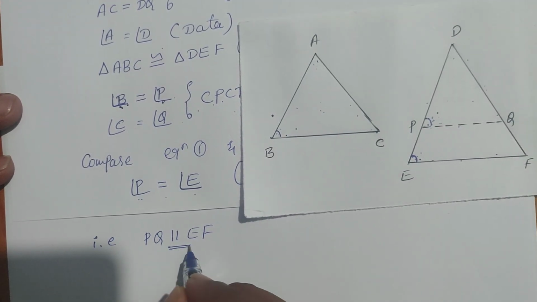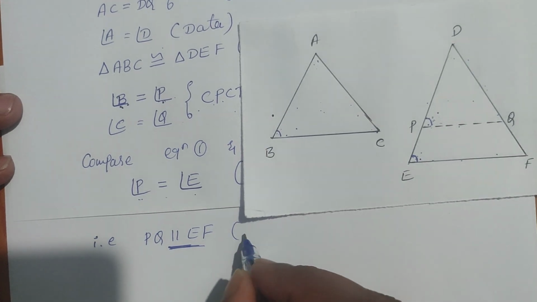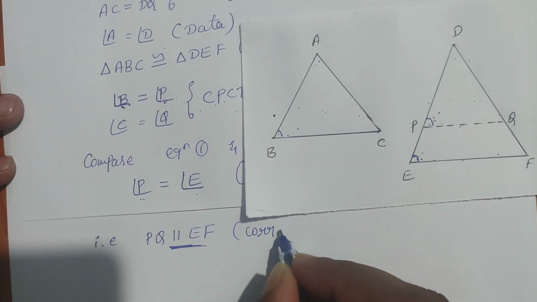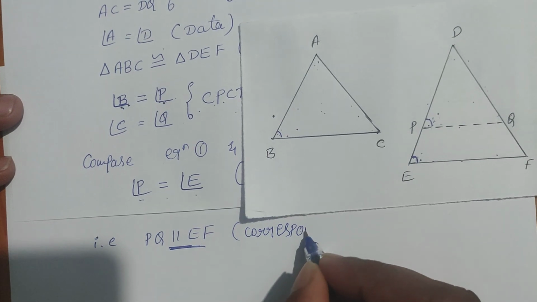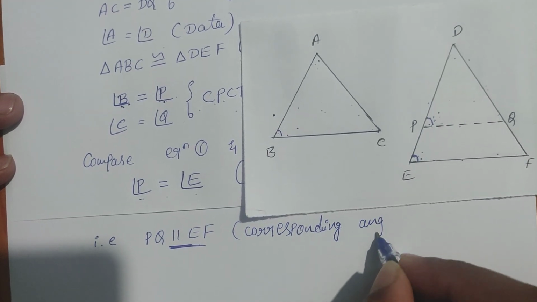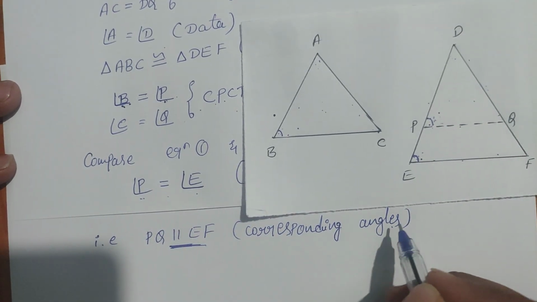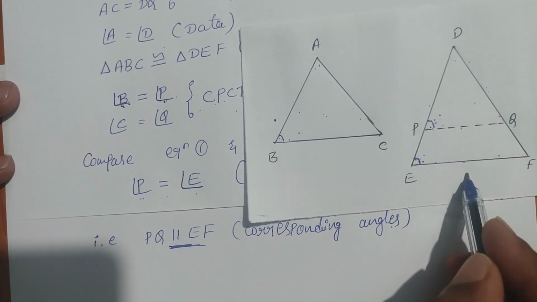This is from the corresponding angle theorem. P and E are corresponding angles, so we have written PQ parallel to EF.